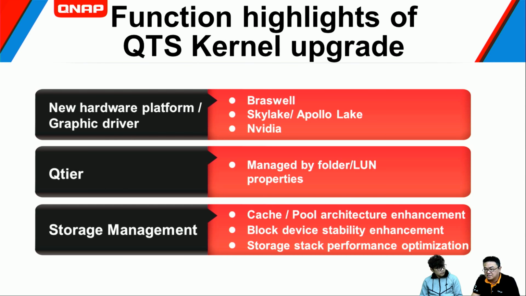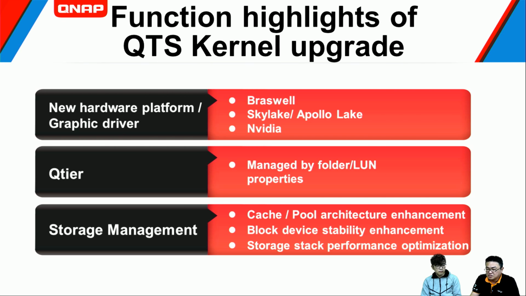When we develop this kind of new hardware platform, we may consider updating the kernel version to support this series. Also, in our 77 series, we support NVIDIA graphics cards. Then we need the NVIDIA driver to run properly on our QTS, so we may need to update the system kernel to let the driver run properly.